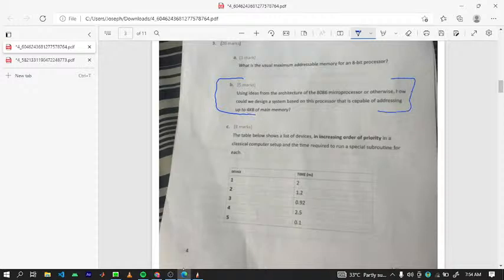Right. So it says, using the ideas from the architecture of the 8086 microprocessor or otherwise, how could we design a system based on this processor that is capable of addressing up to 4 kilobytes of main memory? Very, very interesting question, right?